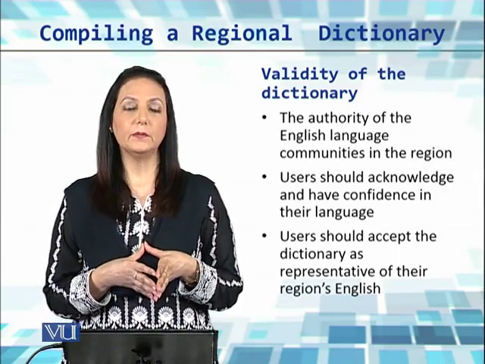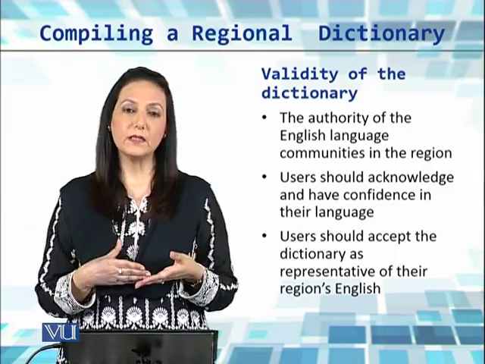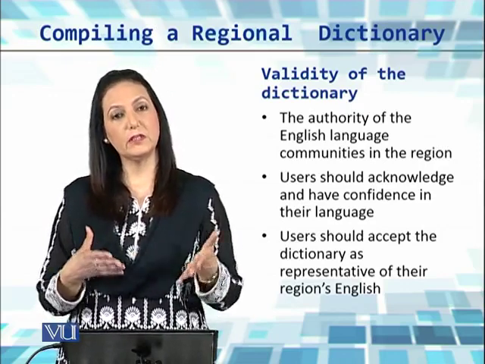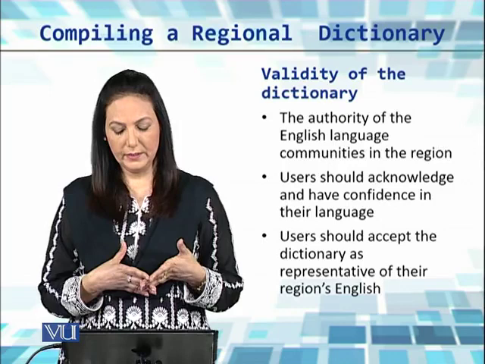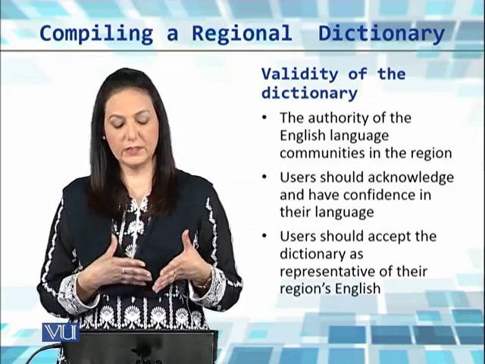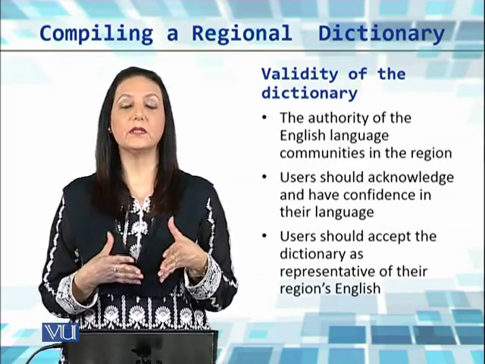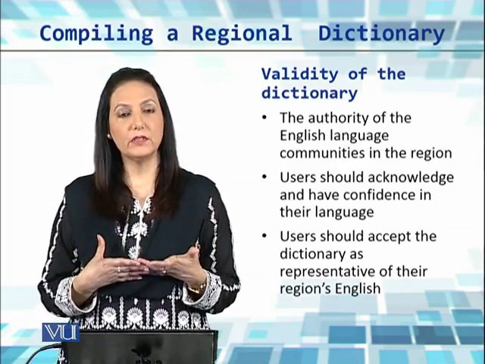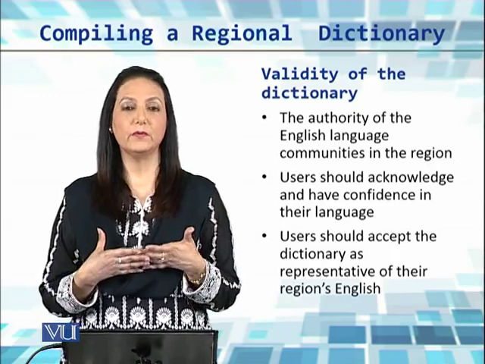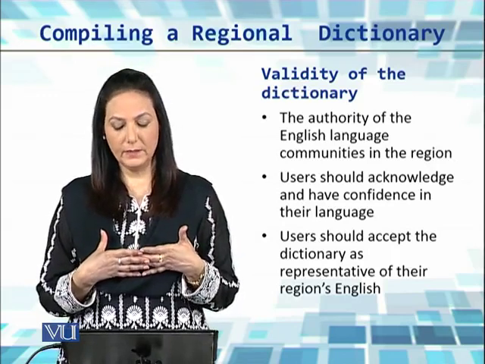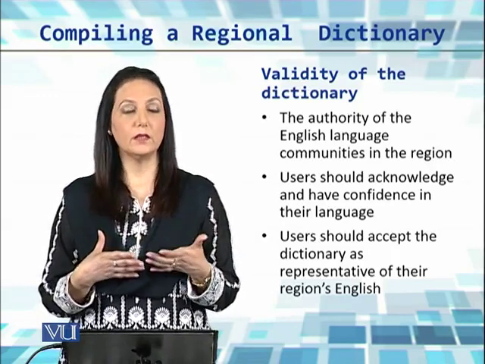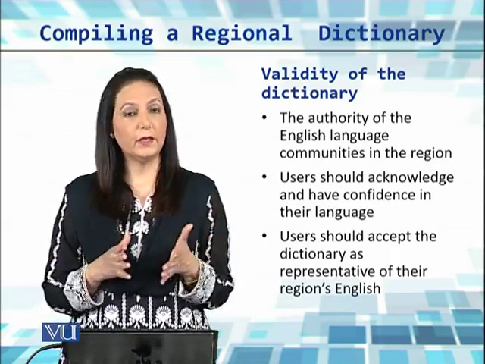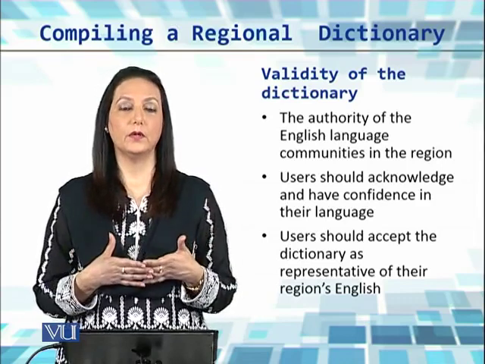Before anyone else, the users themselves should acknowledge that they use a variety of English which is different from British or American English. So users should accept the dictionary as representative of their regional English. They have to show this confidence in their own English before anyone else, and should acknowledge wholeheartedly that they use a variety of English which is neither American nor British but their own.